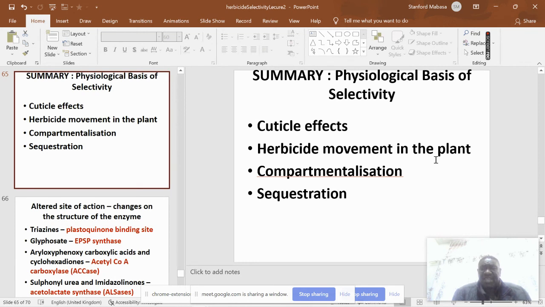Then herbicide movement in the plant, compartmentalization, sequestration. Now these 4 key points can explain also selectivity.